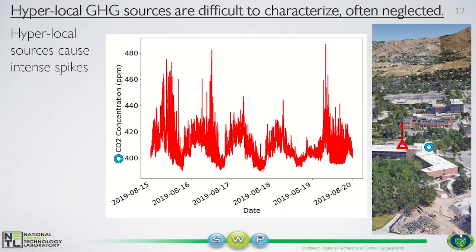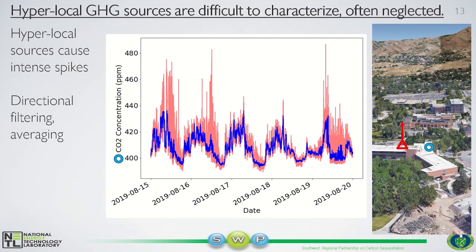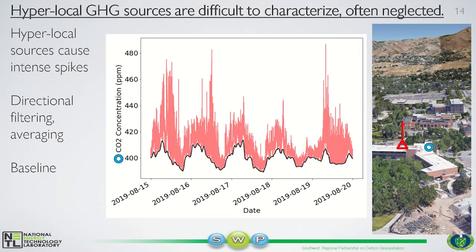So how are they dealt with? Some studies use directional filtering or broad averaging schemes to try to characterize larger trends of GHGs. Other studies find a baseline concentration and examine the trends exhibited in data once this so-called noise has been filtered out.